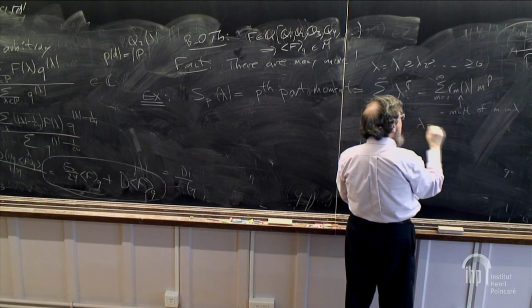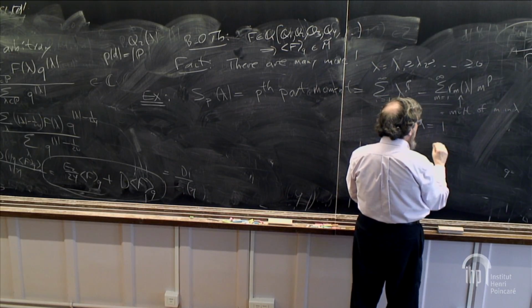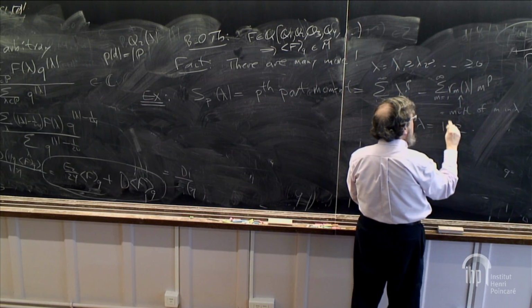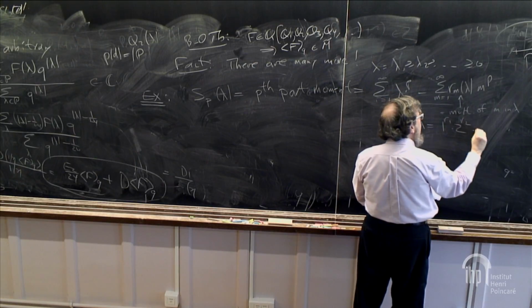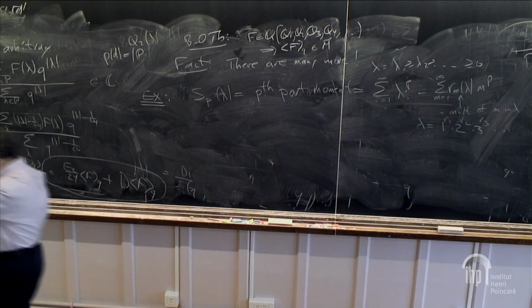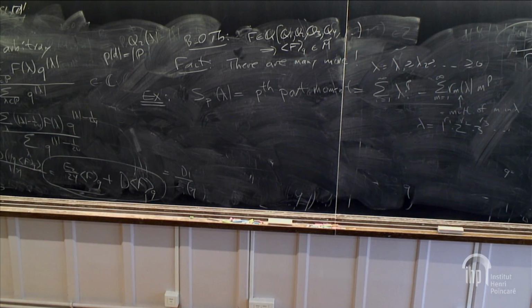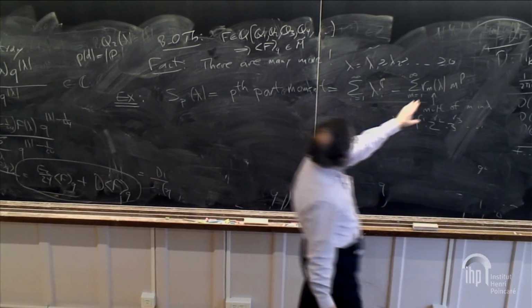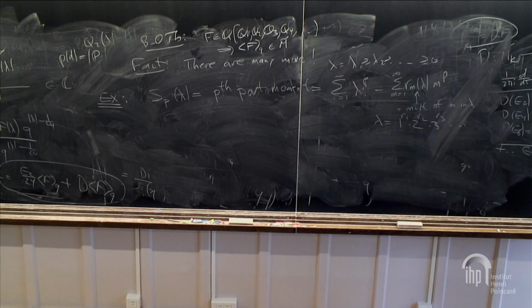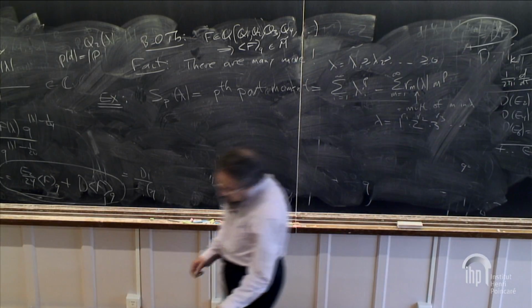In other words, I write lambda as one often writes it, 1^{R_1}, 2^{R_2}, so with powers, not meaning that you multiply those numbers. And the exponents are R_1 of lambda, R_2 of lambda, and so on. So by definition, if you count how many parts there are which are m, there are R_m of them, and then the part to the p is m to the p. So we can write it like that.